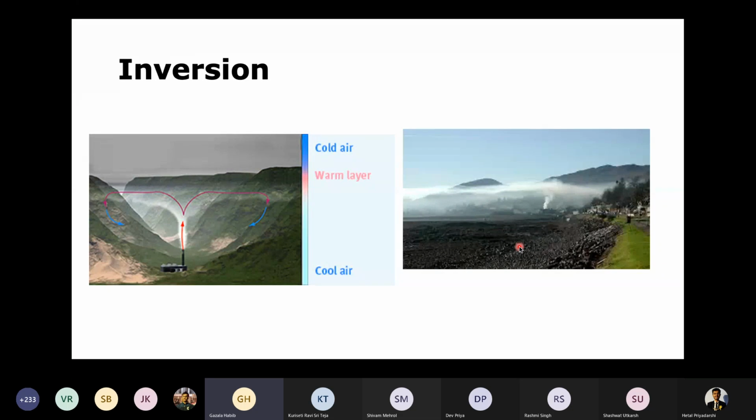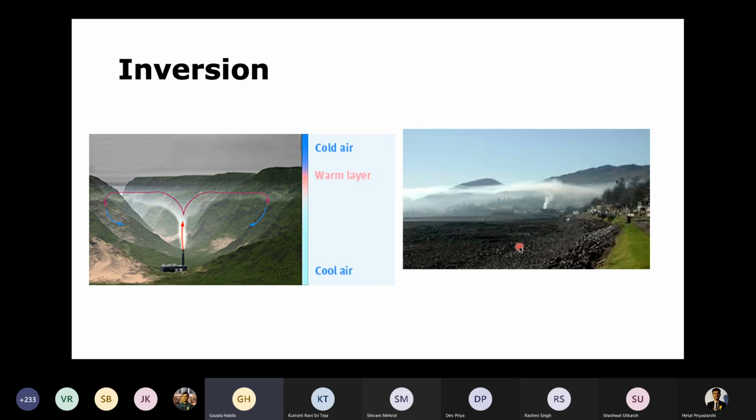Other than that, there is one very famous phenomenon in the atmosphere, inversion, temperature inversion or thermal inversion, right? Temperature inversion happens during the winter time when the earth surface gets colder and colder. With the onset of winter, what happens? The wind velocity near the surface starts decreasing.